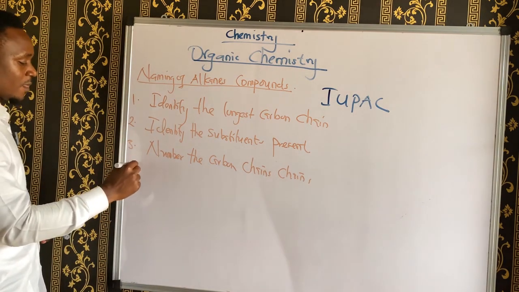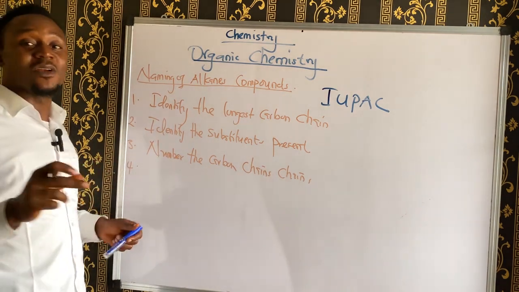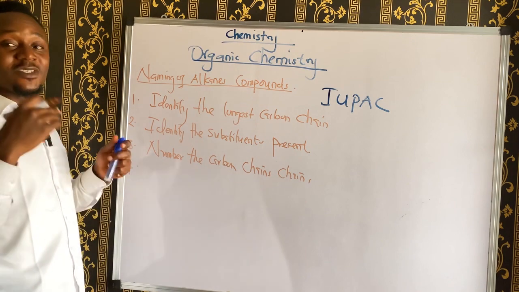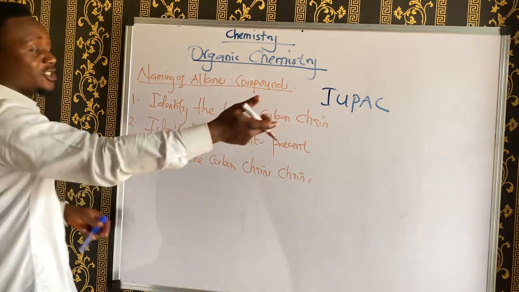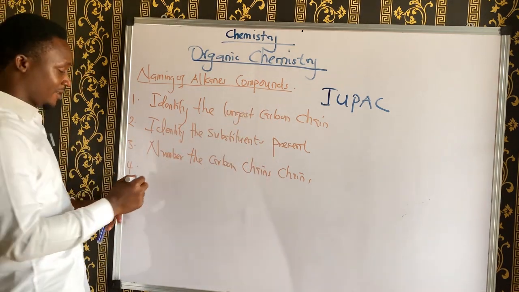Number 4. If the substituents are more than one, for example, we have 2 different substituents attached to the parent chain, you identify them.